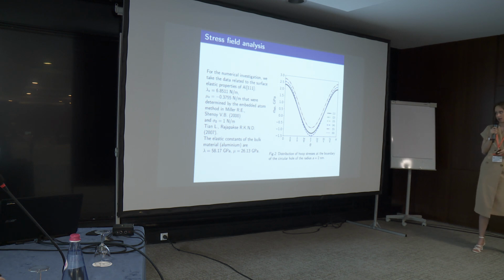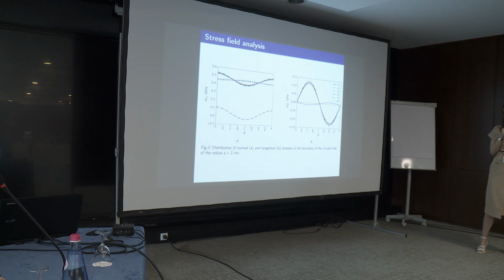What we can see here is that the qualitative behavior of all these curves is in good agreement, but we have this difference between the full model and the fifth model, where we didn't take into account residual surface stress. As you remember, this is the most popular model in the literature.